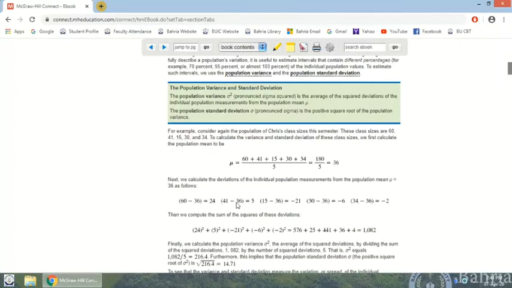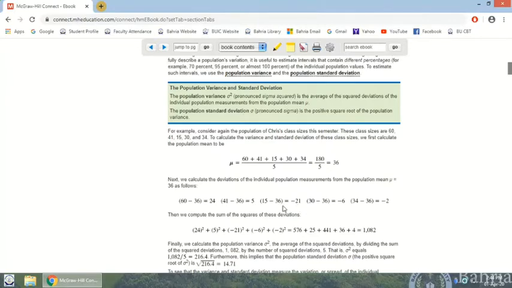Now you square these values, so x minus x bar, squared. 24 squared would give you 576, and 5 squared will give you 25. Similarly, you have 21.